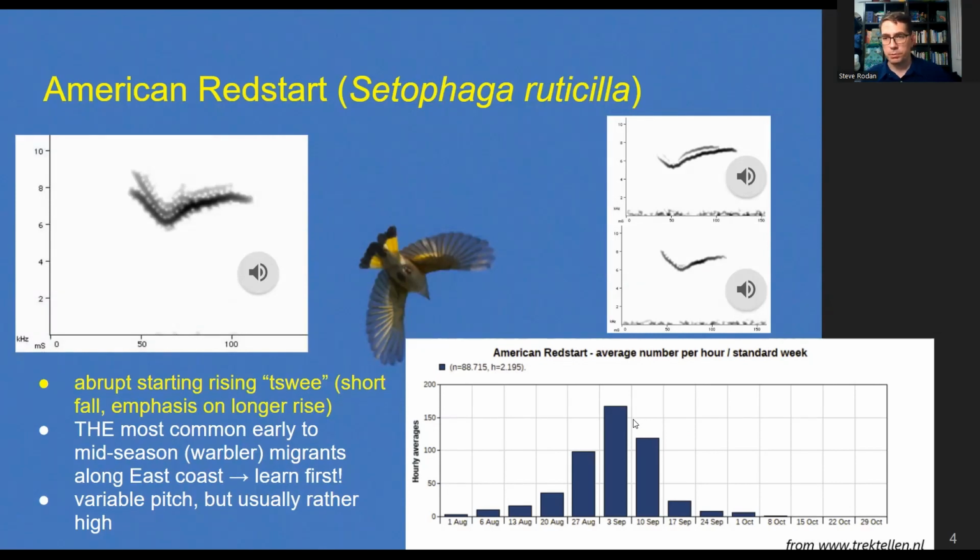Maybe I'll make a separate tutorial on that. But for now, let's just look at this here. This is showing the average number per hour in standard week. So you have August 1st, August 6th, up until the last week in October on the far right. This is the period of the count, the morning flight count at Higbee Beach.